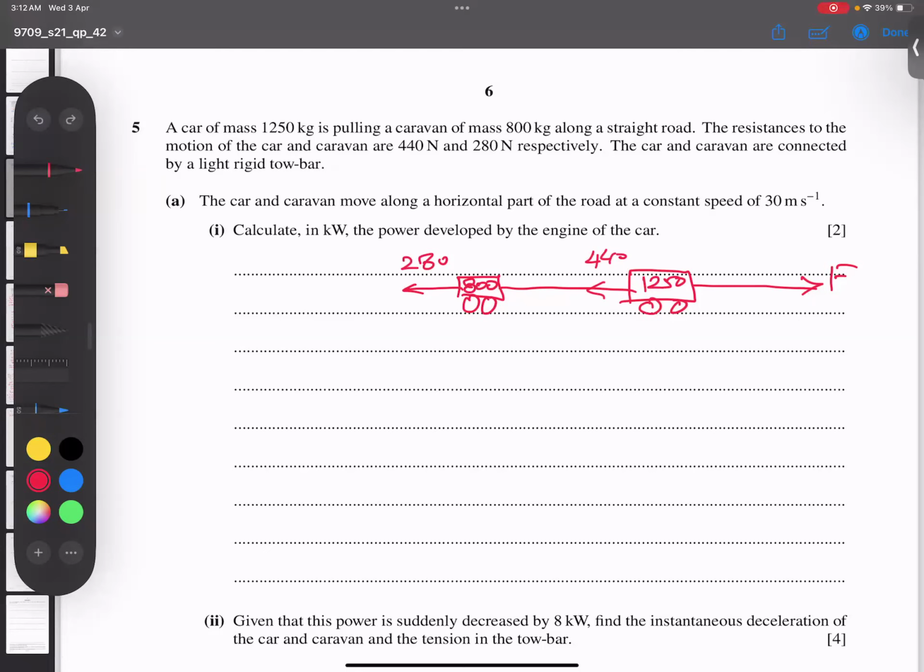So what is the formula of power? Force into speed. You know it very well. So power divided by V is equal to the applied force. What's the basic formula? Net force is equal to MA.